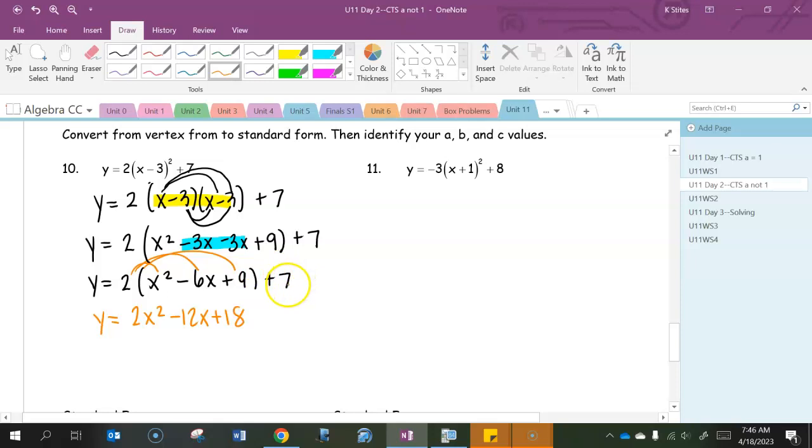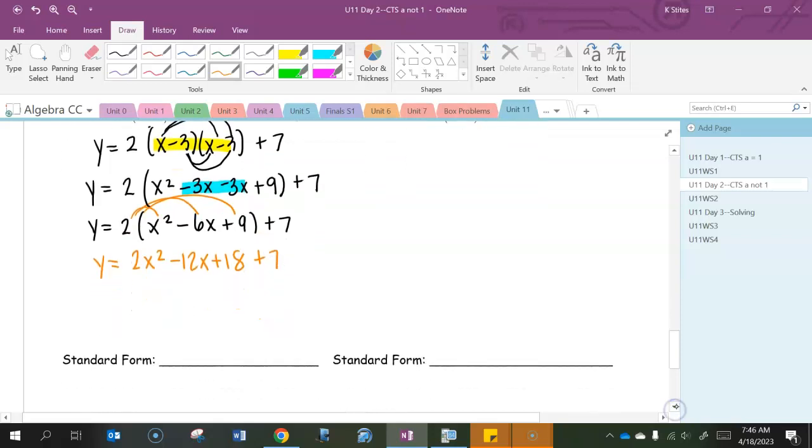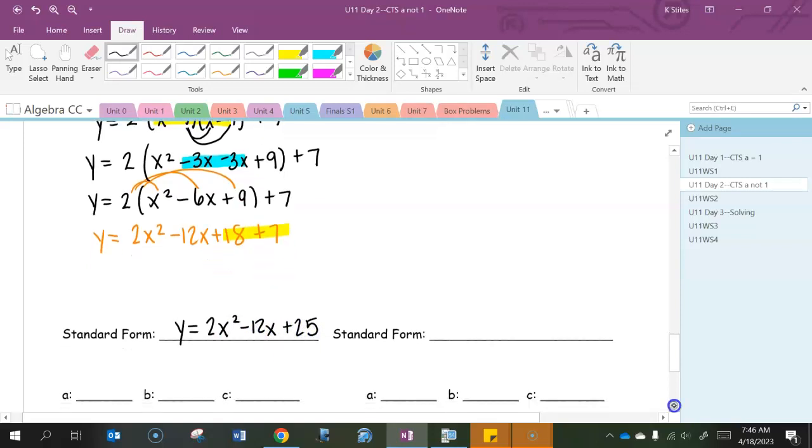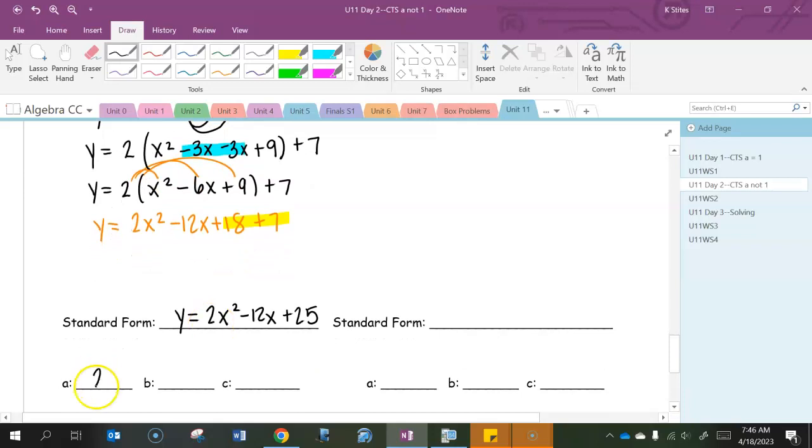Notice the 7 is not getting multiplied by 2 because the 7 was not in the parentheses. Bring your plus 7 down. And then the final thing is that you've got more like terms to combine. So we'll have y equals 2x squared minus 12x, and 18 plus 7 is 25. Okay, and then your ABCs. So A is just 2, B is -12, and C is 25.